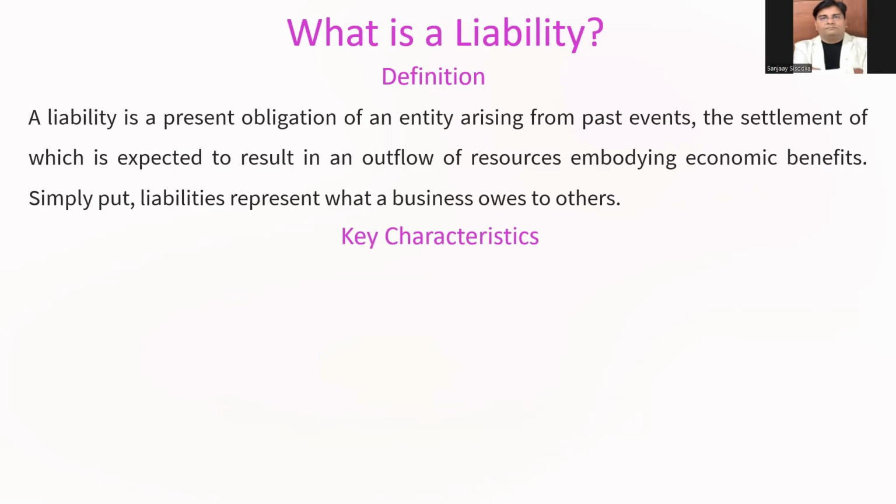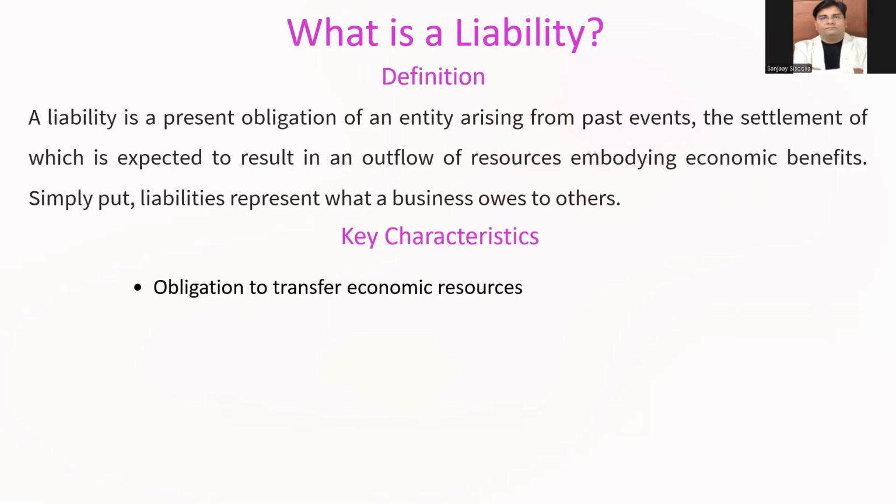Some of the key characteristics or features of liability are: obligation to transfer economic resources. That means it is the commitment of the business that they will transfer some economic resources.